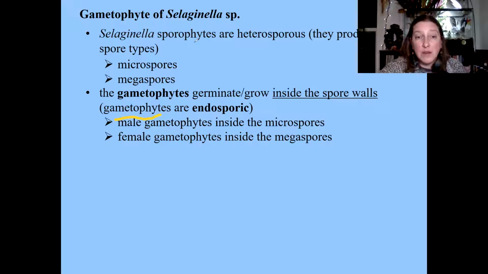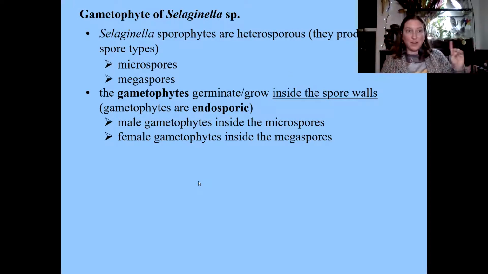So gametophytes are either going to grow inside of the spore, as is the case for these heterosporous plants, when there's two types of spores, or gametophytes grow outside of the spore, as we saw in Lycopodium. Just trying to make that clear. Sometimes students get confused and they want to say that gametophytes are heterosporous or homosporous. I'm just trying to make it very clear, it's the sporophytes that are either homo or heterosporous, and it's the gametophytes that are either endosporic or exosporic. Anyways, I'm getting distracted. Back up.